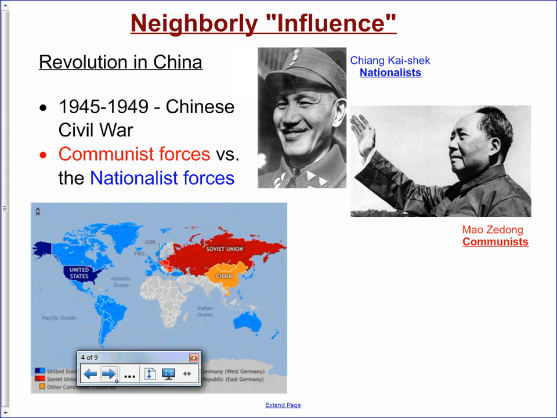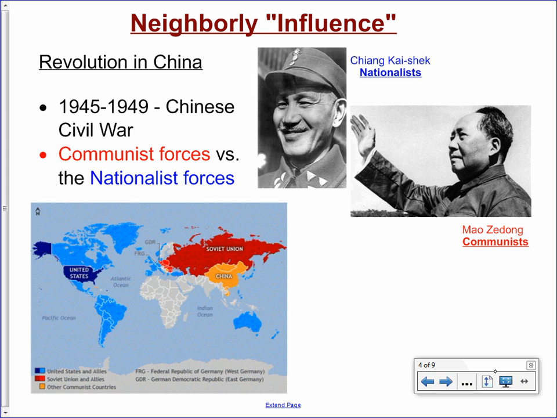Right? Now this is kind of like the next piece of the first video where we had the different steps. Now we're going to look at the influence that Korea has during the early stages of the Cold War from its neighbor, China. From 1945 to 1949, China is going to have its own civil war. It's going to have communist forces going against nationalist forces, which would want a little bit more democracy.